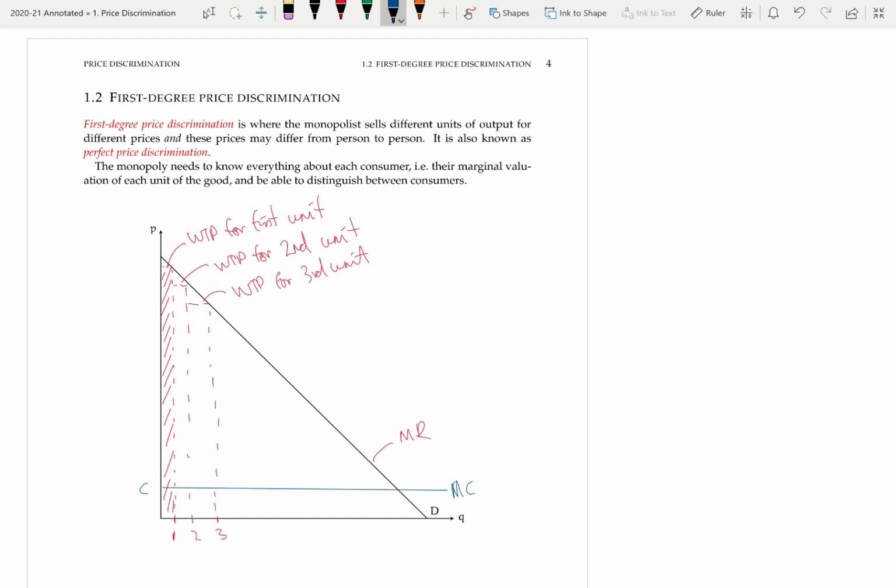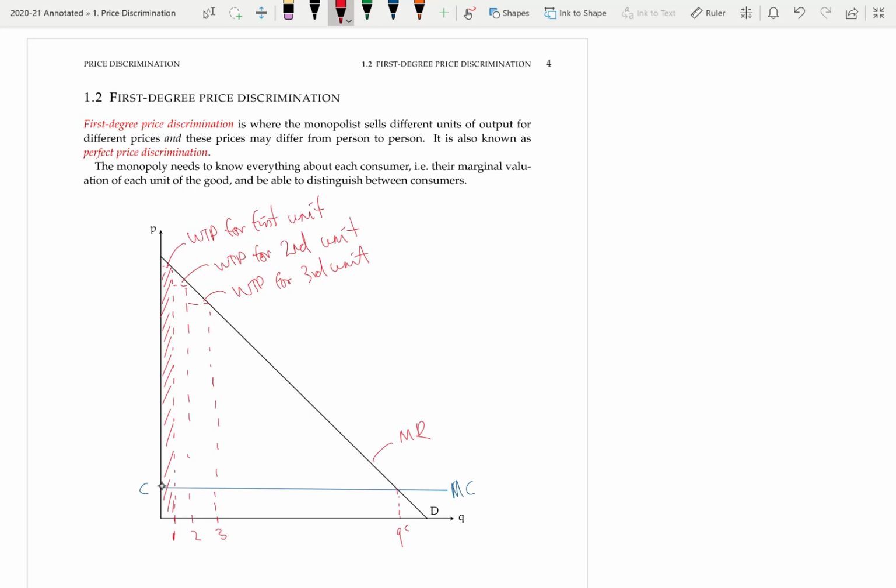And because the demand curve is the marginal revenue curve, the monopoly will want to produce up to the point where the demand curve, the marginal revenue curve, crosses the marginal cost curve. This happens at this point here. And this is actually the competitive quantity. So under first degree price discrimination, the monopolist would want to sell the competitive quantity.